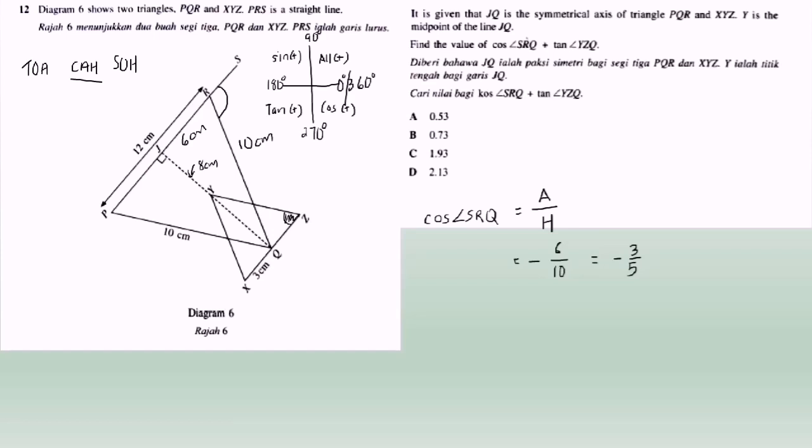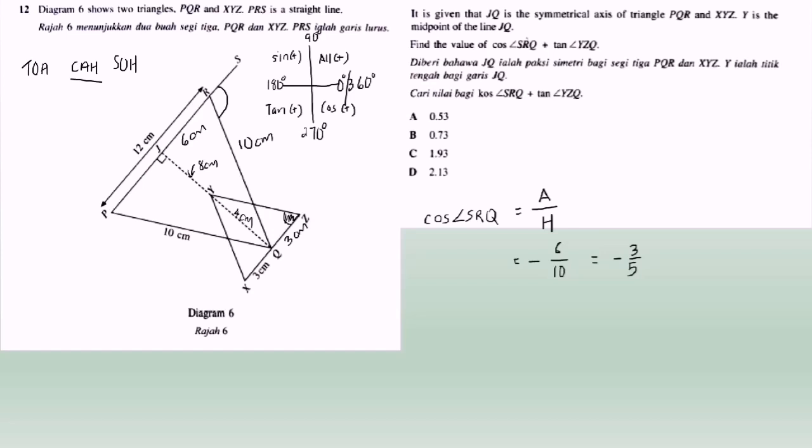So Y is the midpoint of the line JQ, so YQ equals 4 cm. And SQ equals QZ, 3 cm here.